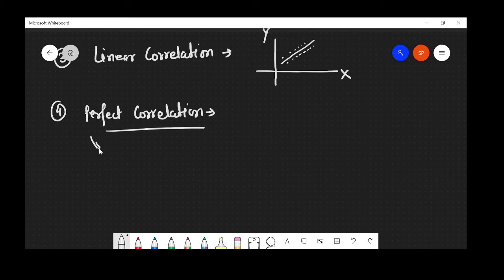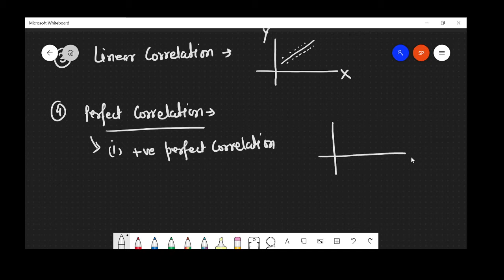And now it is divided into two parts. First is positive perfect correlation. In this case, suppose we take the two variables X and Y. When an increase in one variable is proportional to an increase in the other variable Y, then the graph lies exactly on a straight line.